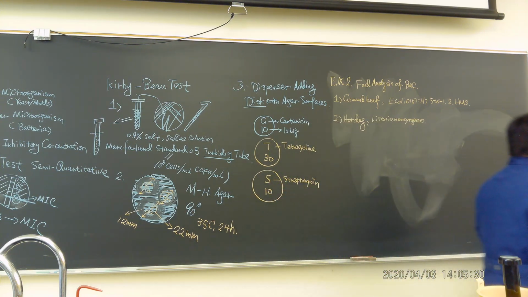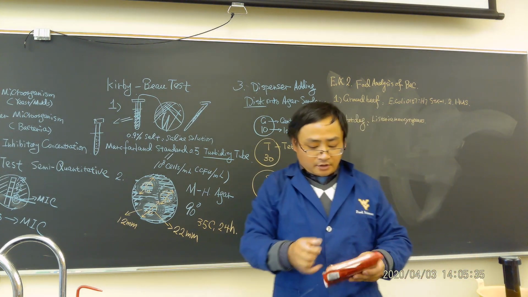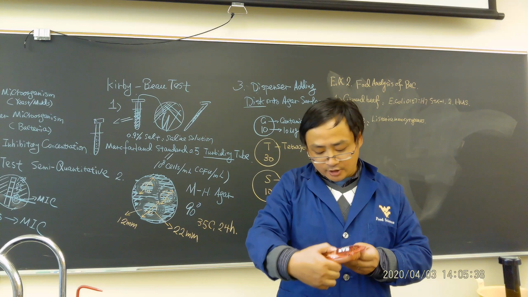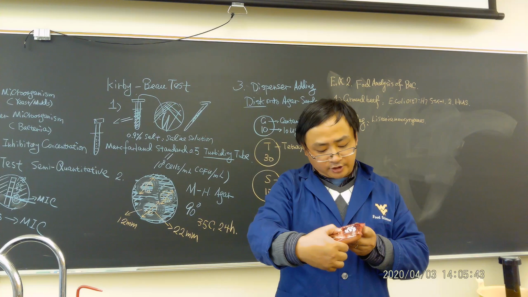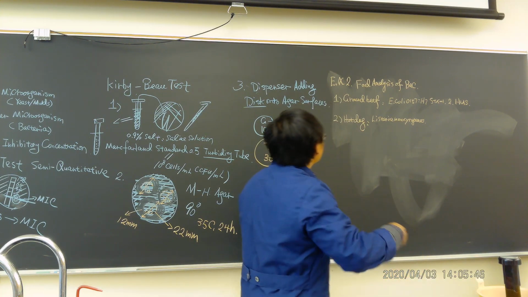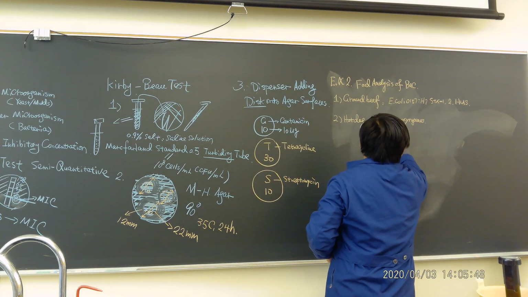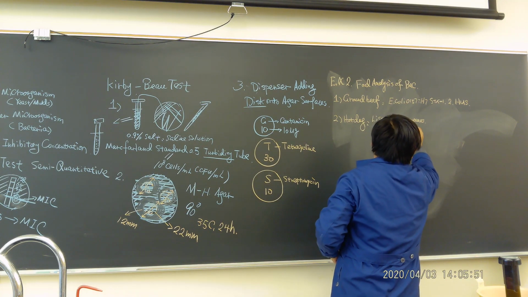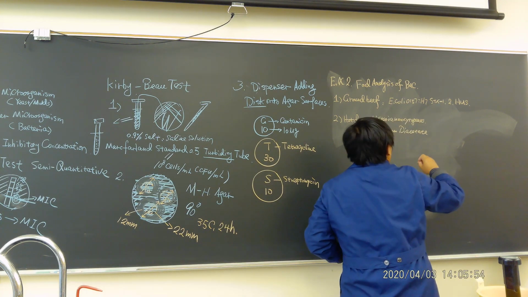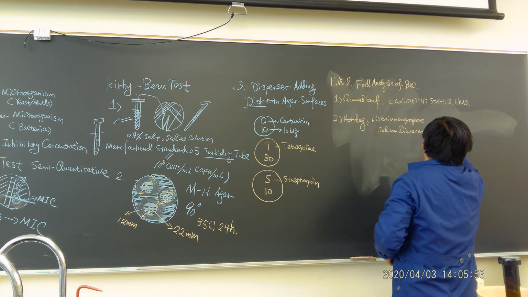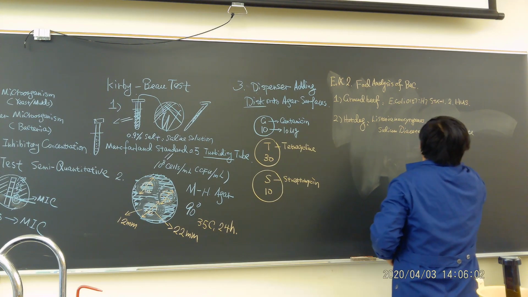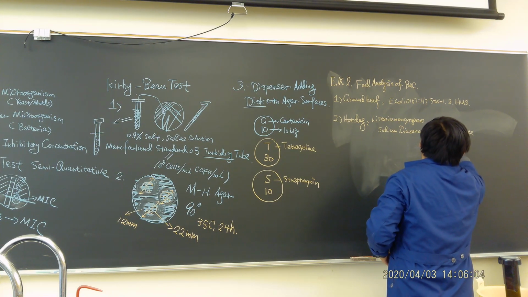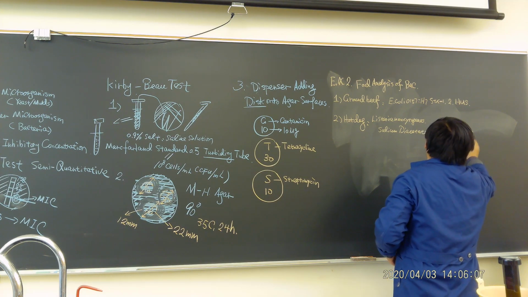And if you look at the hot dog label, when you see the ingredients, you see sodium diacetate, potassium lactate. These are what we call antimicrobials, which should be used.